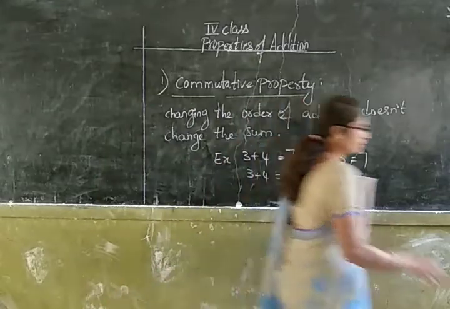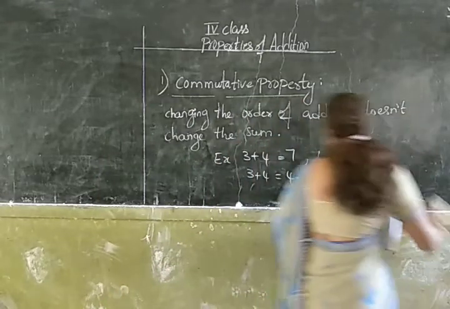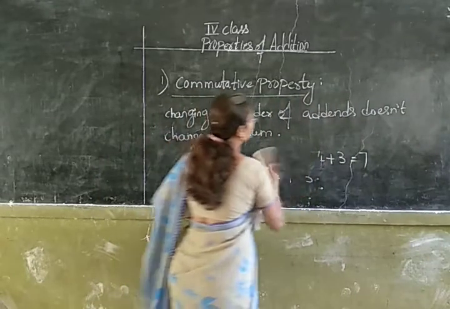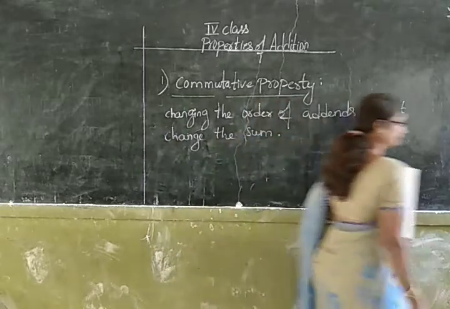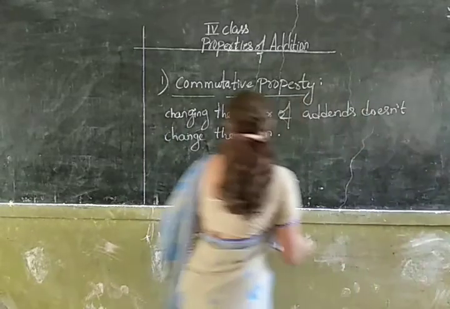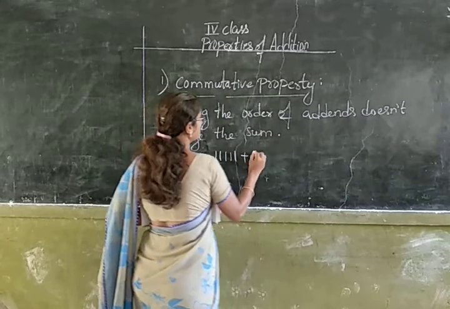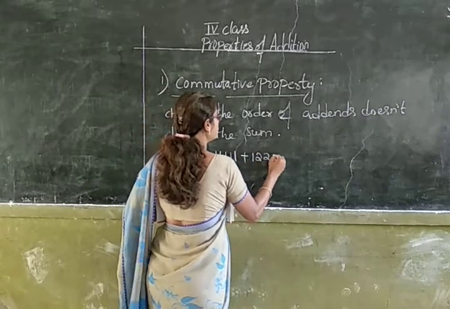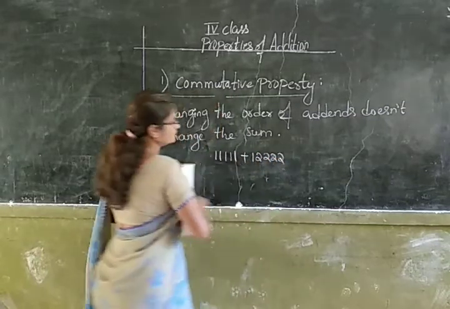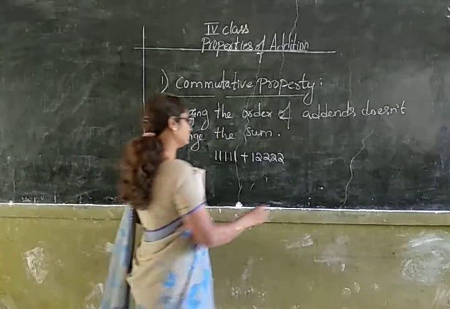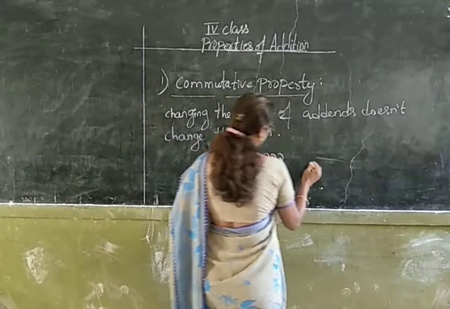Let us check this property for bigger numbers. For example, 11,111 plus 12,222. Let us check this property for 5-digit numbers. Now I am going to add these two numbers.